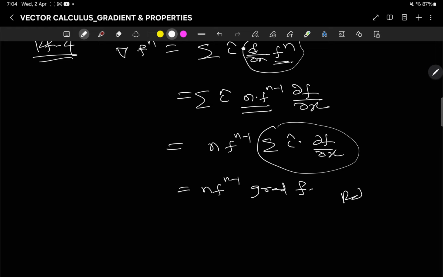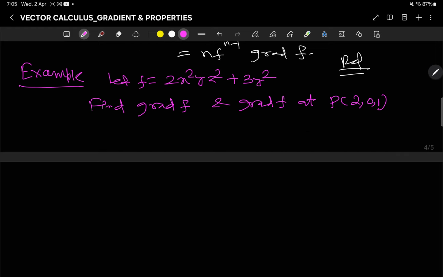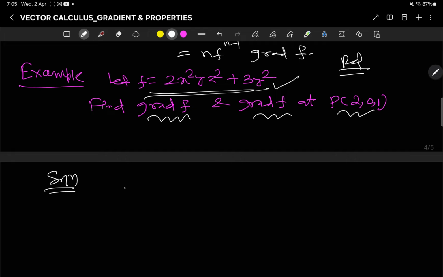So now let us solve some examples. Suppose, given the scalar point function f, you are asked to find grad f and grad f at a particular point. So coming to the solution, what is your gradient of f? It is fx i plus fy j plus fz k.